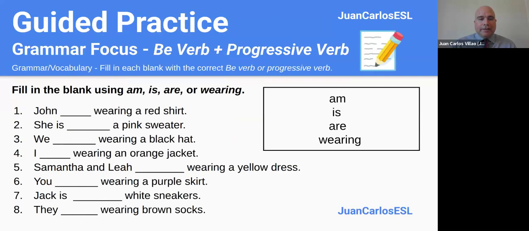All right, now let's go to the guided practice exercise. So fill in the blank using am, is, are, or wearing. So this you also have available. And let me share this with you.